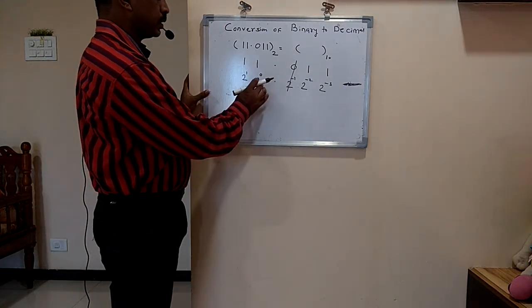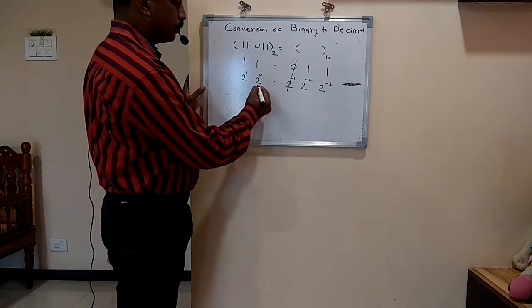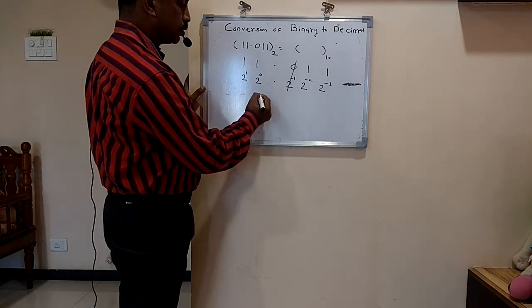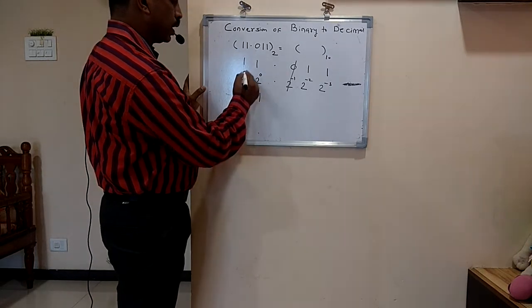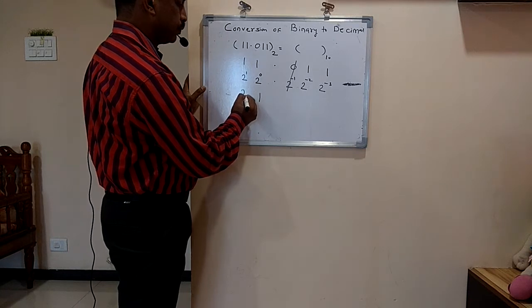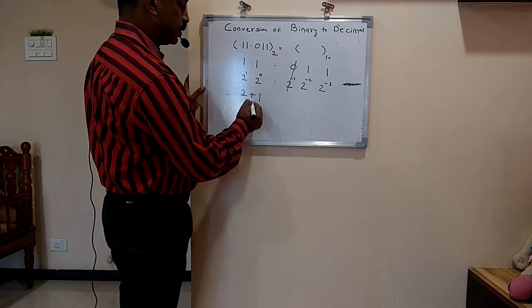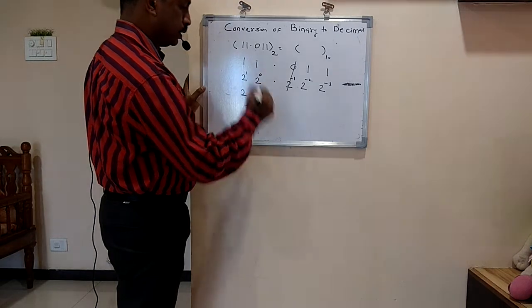Next step, write the value of binary weight. The value of binary weight 2 raised to 0 is 1. The value of binary weight 2 raised to power 1 is 2. So this 2 plus 1, it is 3.